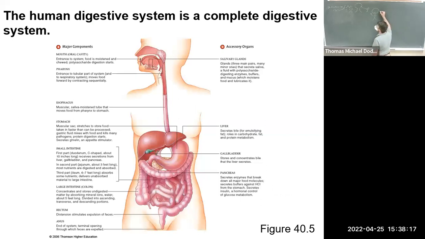So we've got the mouth, and what happens there? There are two major things. There's mechanical and chemical, and what's the word that goes into that? Do you remember? It's digestion. Yes, the breakdown. Okay, so digestion.